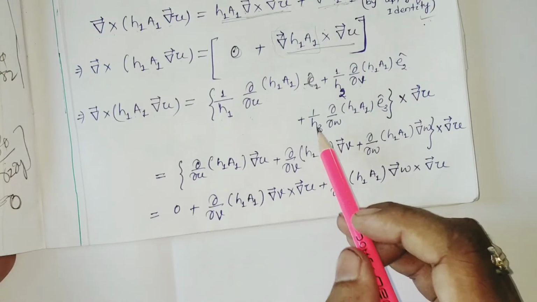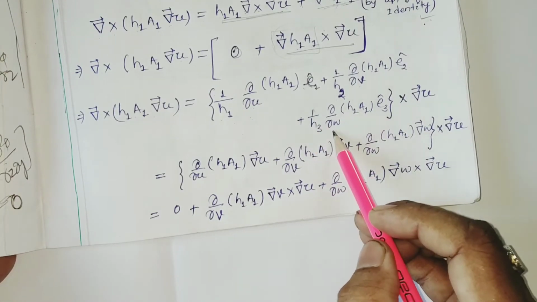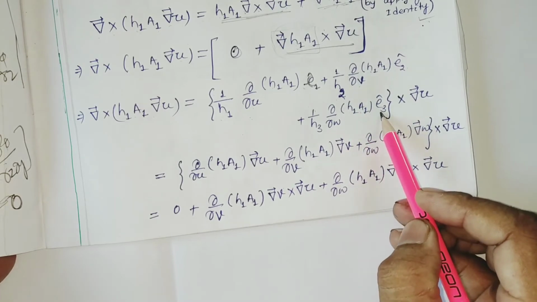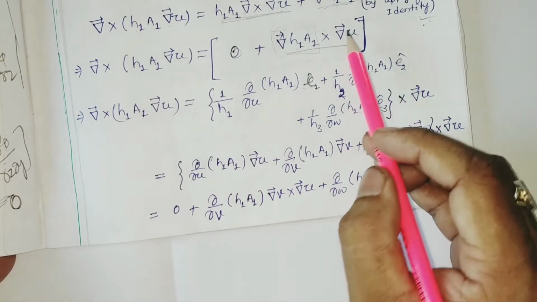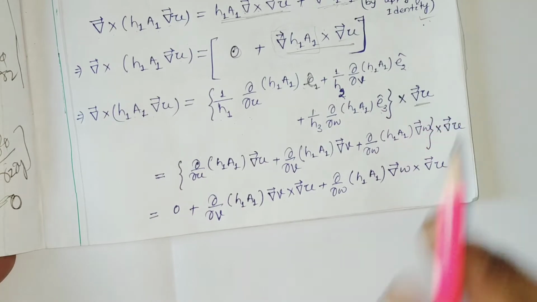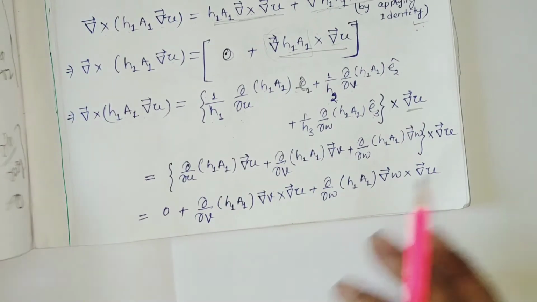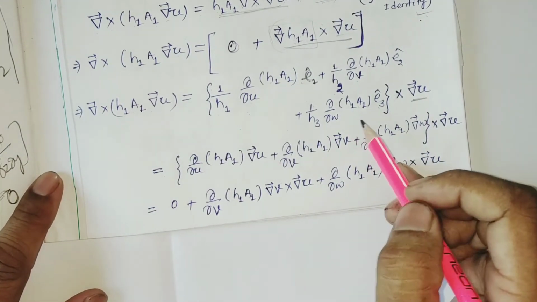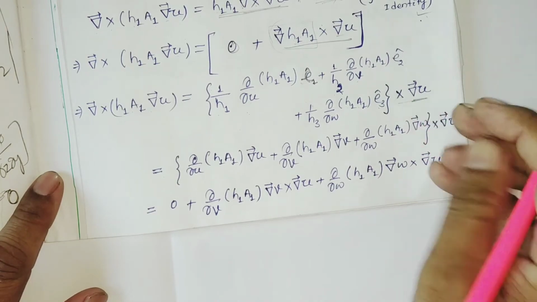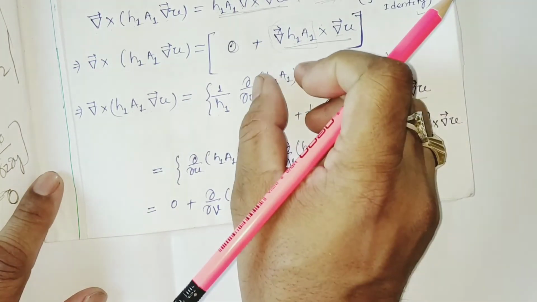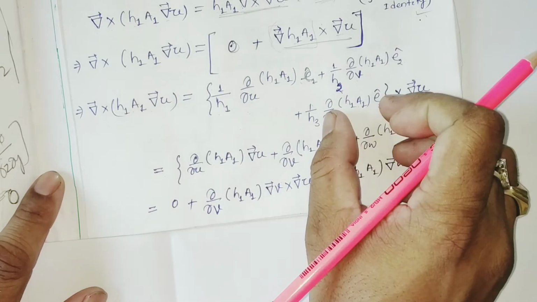The third term will be 1 by h3 del by del w of h1 a1 e3 cap, cross del u. Now you can see that this cross del u can be operated on this term and this term, right?